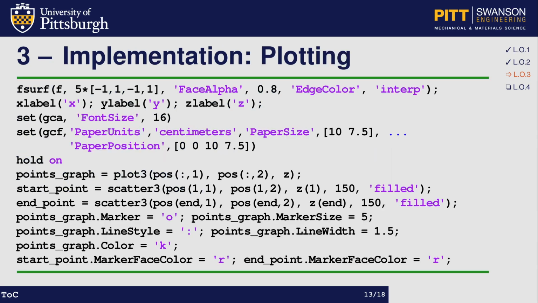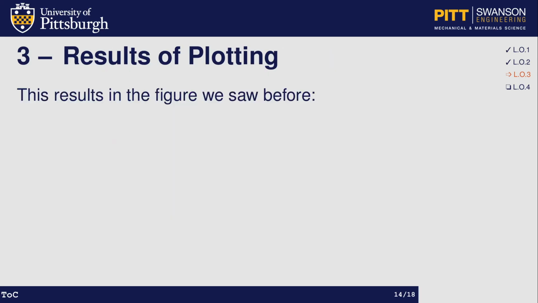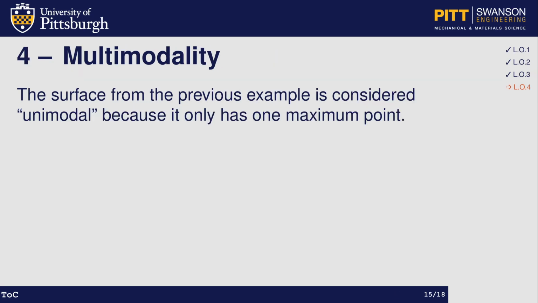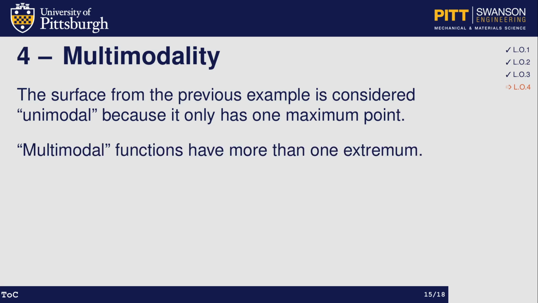Now, I'm not going to go over this, but this is our plotting function, and we can see the results that we actually have already seen, which is this figure shown here. We see the steps being taken from the starting point all the way up to the top of the surface. Now, the surface from that example is considered to be unimodal because it only has one maximum point. Multimodal functions have more than one extremum.